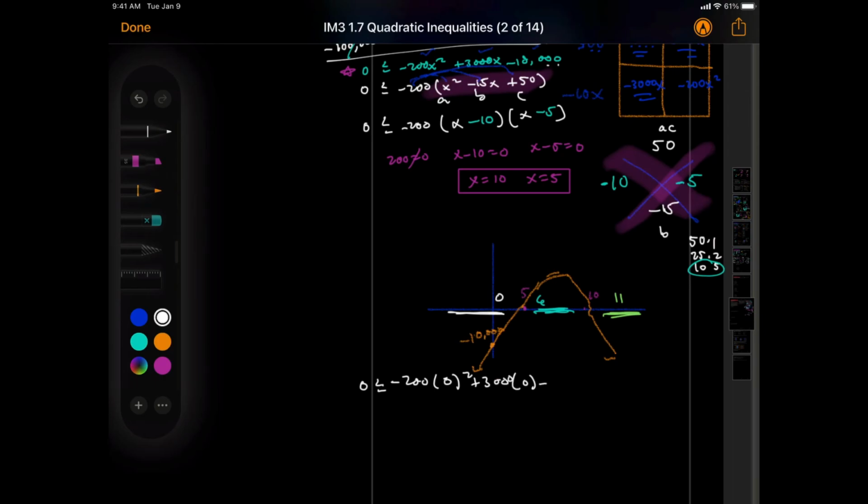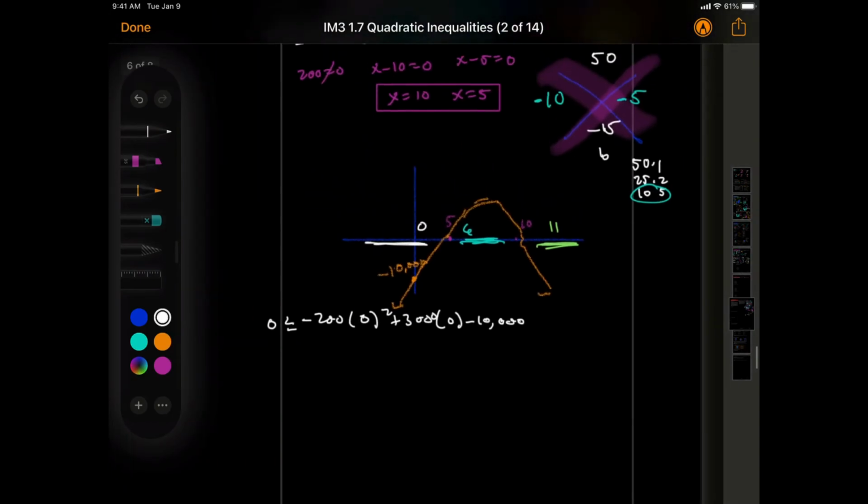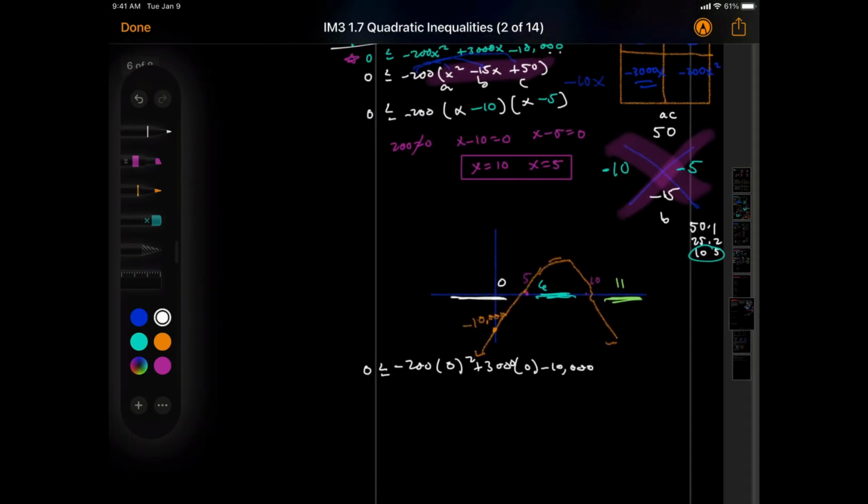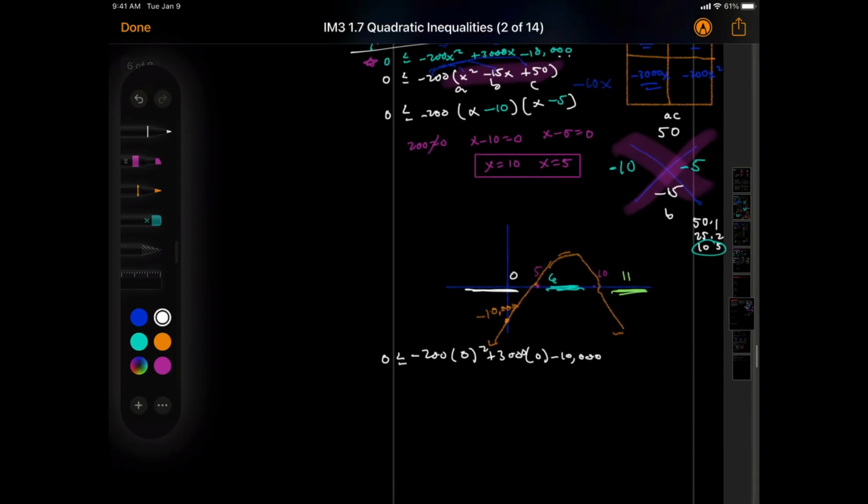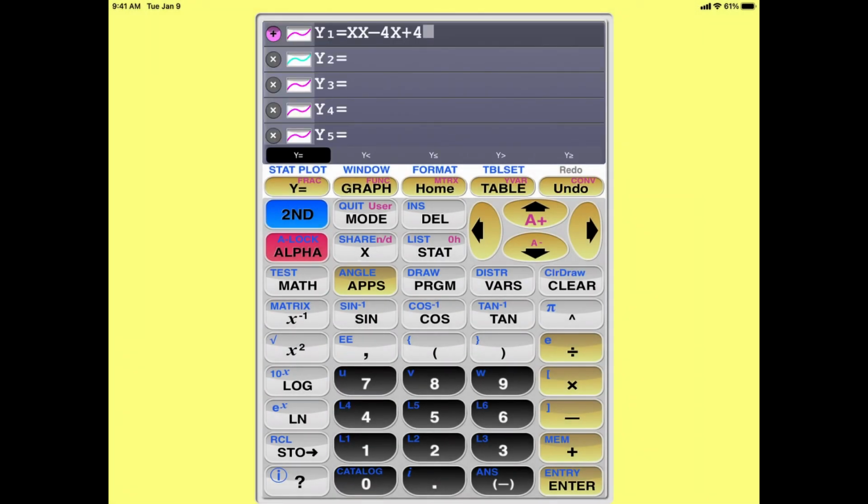3,000 times 0 minus 10,000. And let's just use our calculator. Negative 200x squared plus 3,000x minus 10,000. Okay, so what I would do is just go to my calculator. I'm going to type in negative 200x squared plus 3,000x minus 10,000.